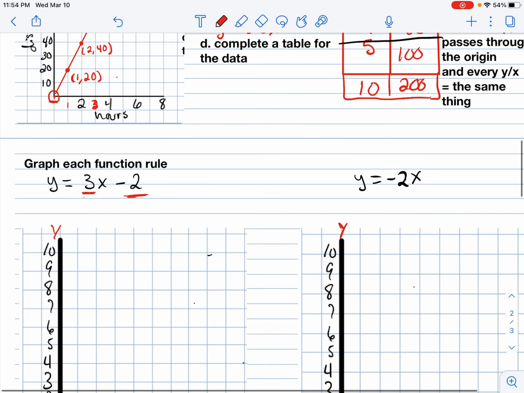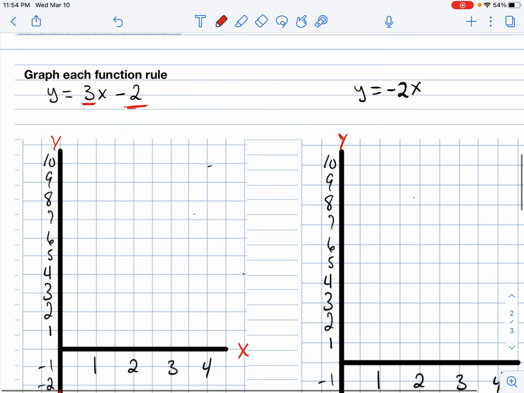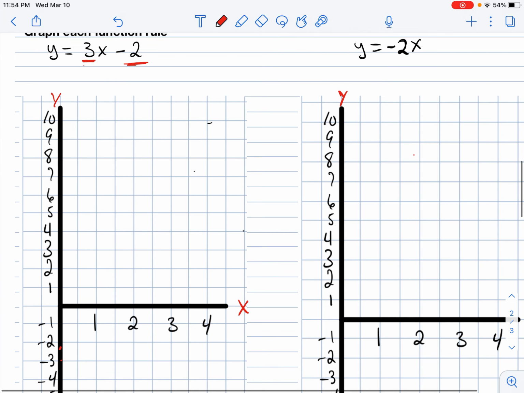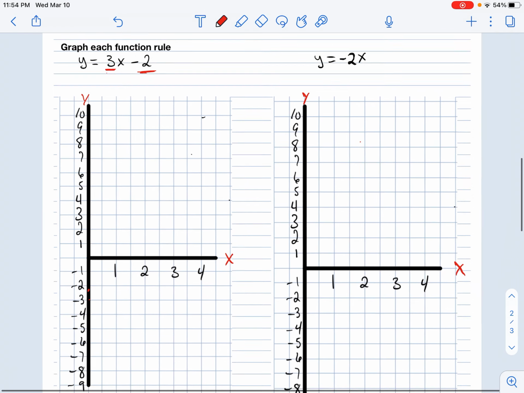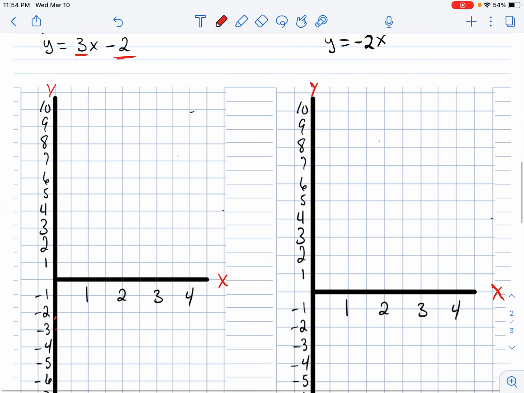Okay, last thing, in this instance we're going to graph the functions. There are two ways you can do this. You can think of, okay, what is my y-intercept, and start with that point, and then you're going to go up 3 over 1 for the slope.